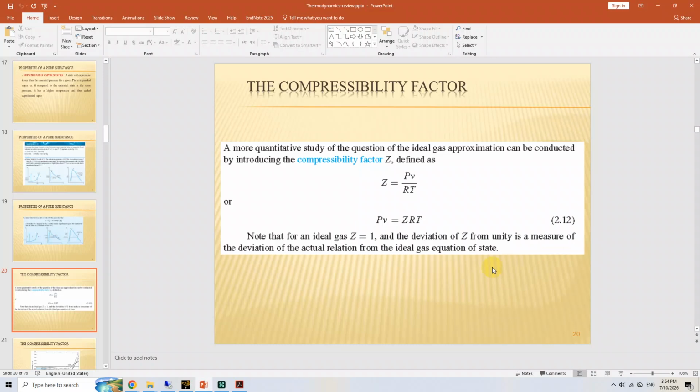I also put the other lecture there for next time, tomorrow. Tomorrow we continue this lesson from the compressibility factor. Okay, we end this session, and on Saturday we continue the lesson. Be successful.